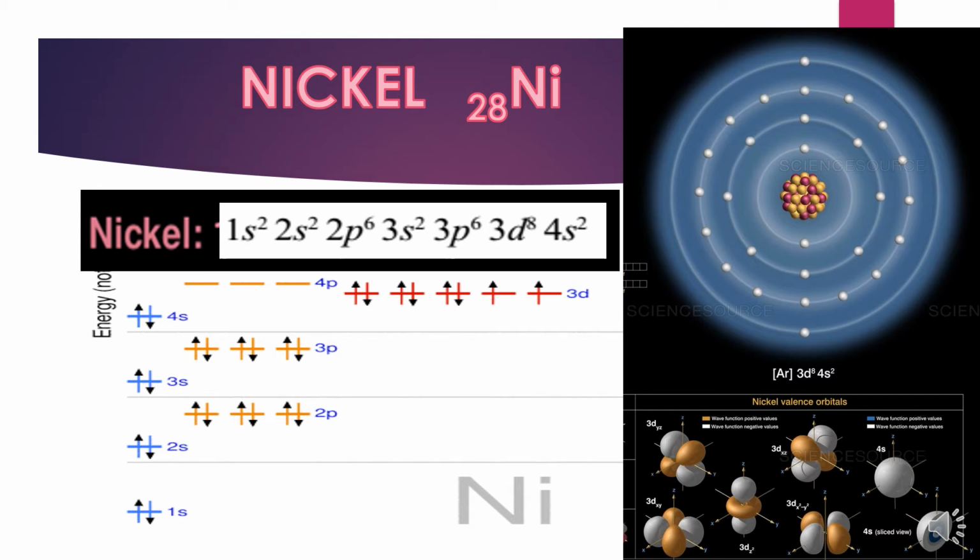Remember that whatever the atomic number after 20, from 21 to 30, 2 electrons will be there in 4s2 except chromium and copper. Otherwise all other electrons after 20 will enter in the 3d subshell.